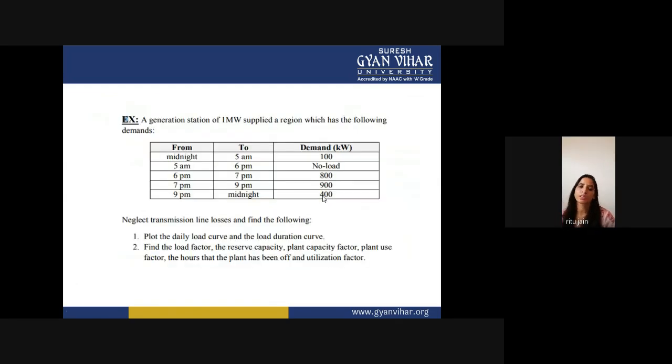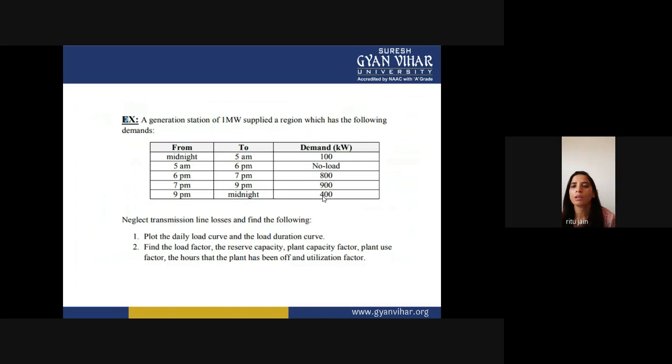Now, for one example, we can easily understand the daily load curve and load duration curve. A generation station of 1 megawatt supplied a region which has the following demands.